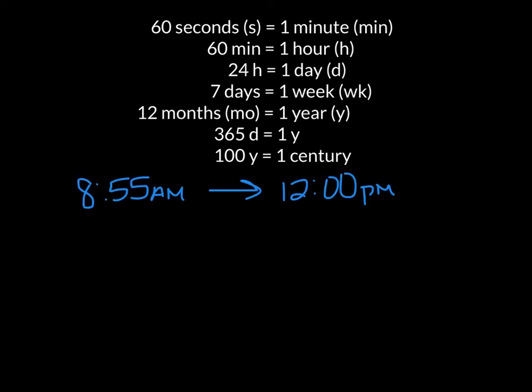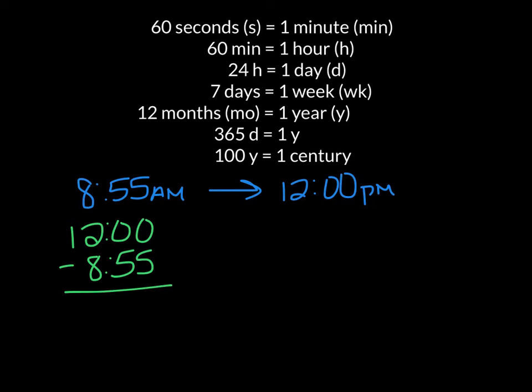So if it is right now 8:55 a.m. and you want to go to lunch at 12 p.m., you want to know how much longer you have to wait until lunch. In order to do that, you're going to figure out elapsed time. To figure out the elapsed time, we would take 12 p.m., or 12 o'clock, and we would subtract 8:55 because that's what time it is now.